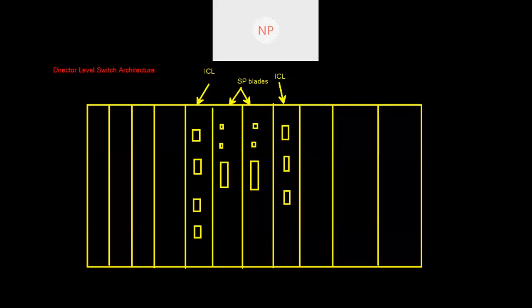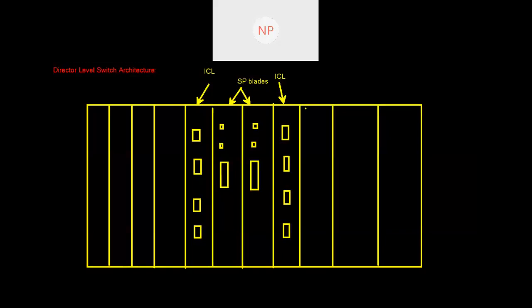For example, I have one more DCX switch and I want to connect them together and form a single fabric. I can connect these ports in switch 1 to the ICL ports in switch 2, so that these two switches can communicate with each other and behave as if they are in the same network.